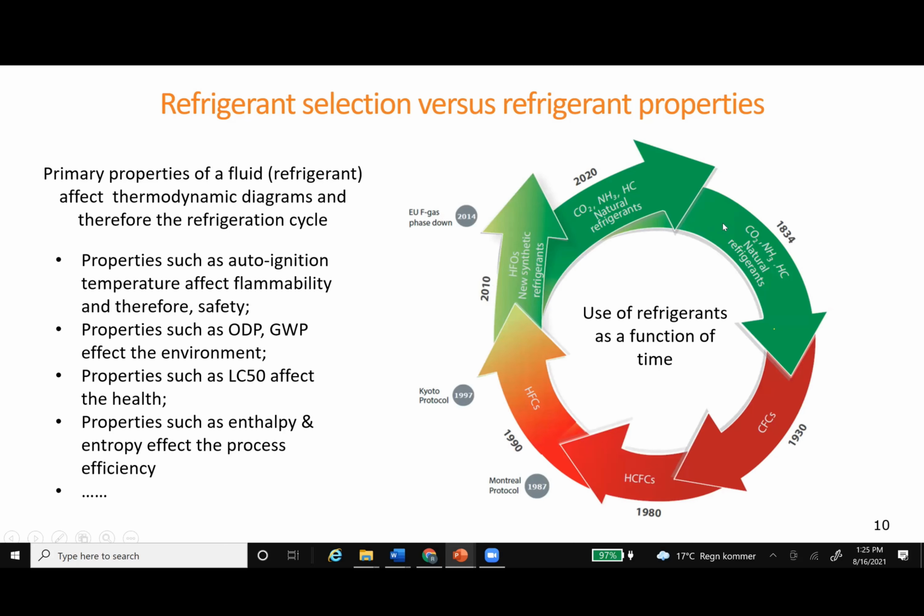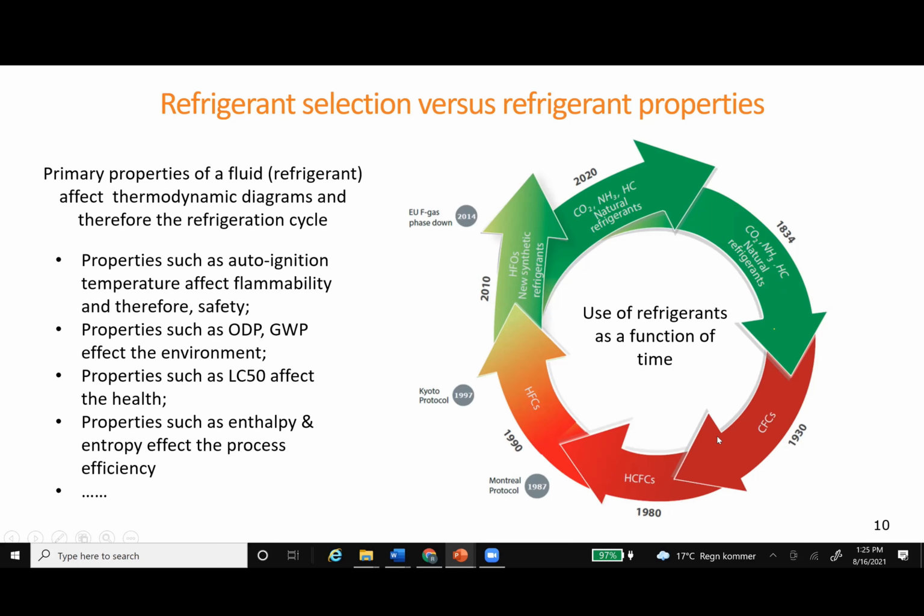What we started with in 1834, are we going back to the same? Why is that? First, we had the natural refrigerants, CO2, ammonia, some hydrocarbons like butane, propane, things like that. They had safety concerns and smell concerns, other defects.